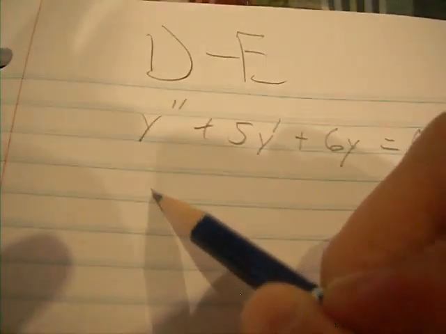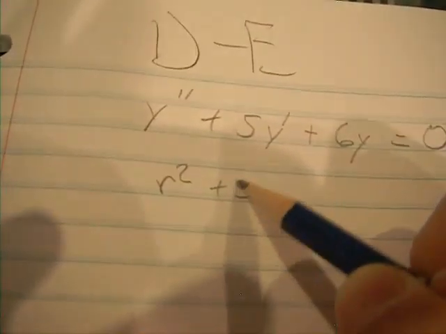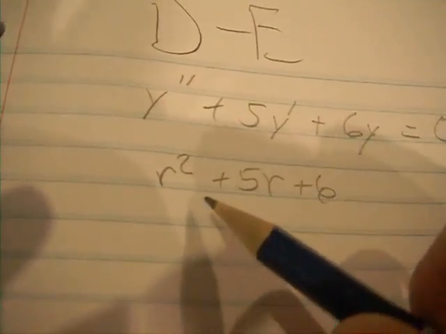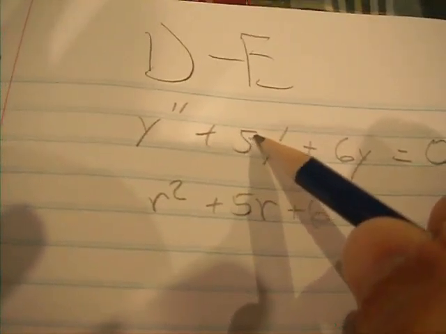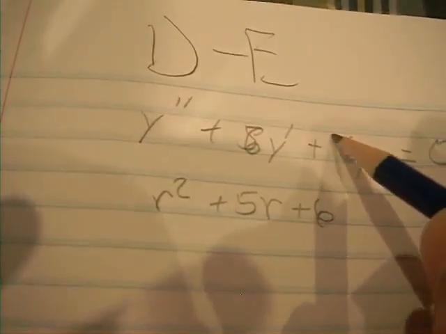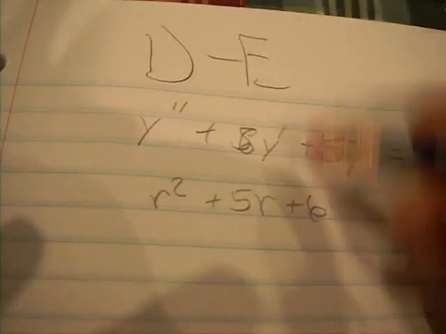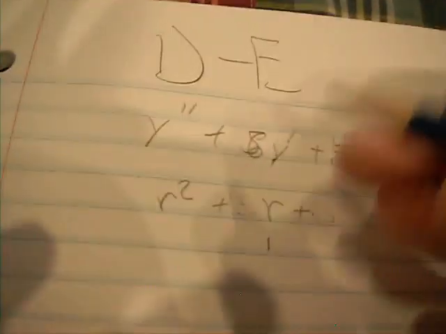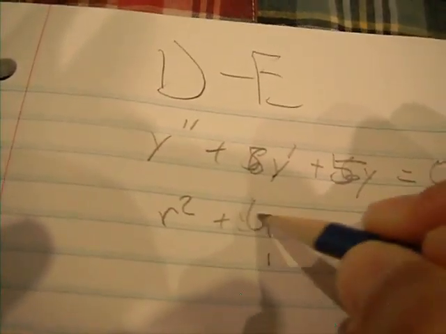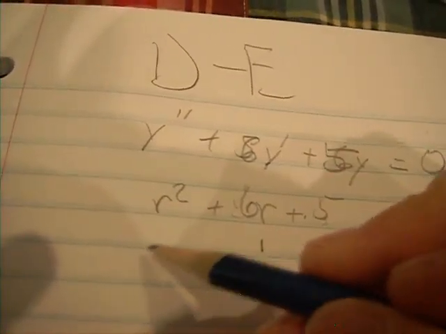All we do is we make that an r squared plus 5r plus 6. I hope I did this right. I don't think I did. I think this should be a 6. Yeah, let's make this 6. That way this factors easily, you know? That's what you want, easy factoring. If you don't remember factoring from high school, you're screwed. Make sure you know how to factor.